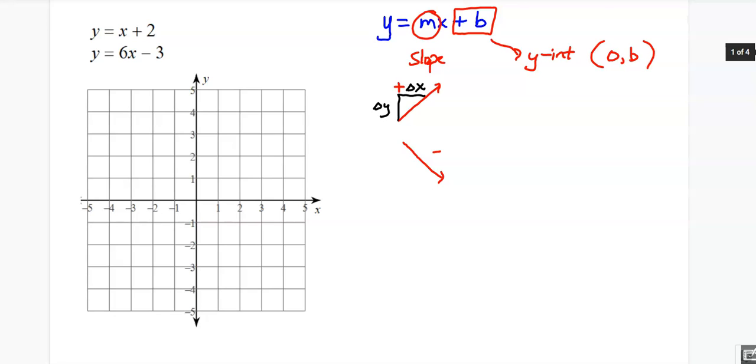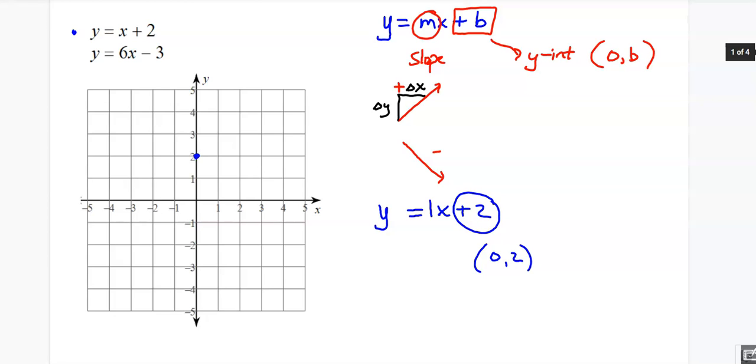So let's take a look at this first one. We'll call this the blue line. So y equals x plus 2. Well, I don't see a number in front of the x. When you don't see a number there, it's a 1. The first thing I always do when I graph is start where you cross the y-axis. So my y-intercept is at (0, 2).